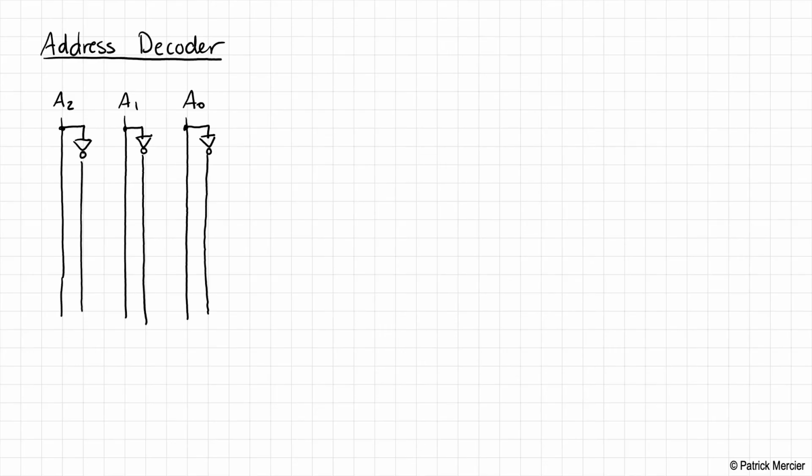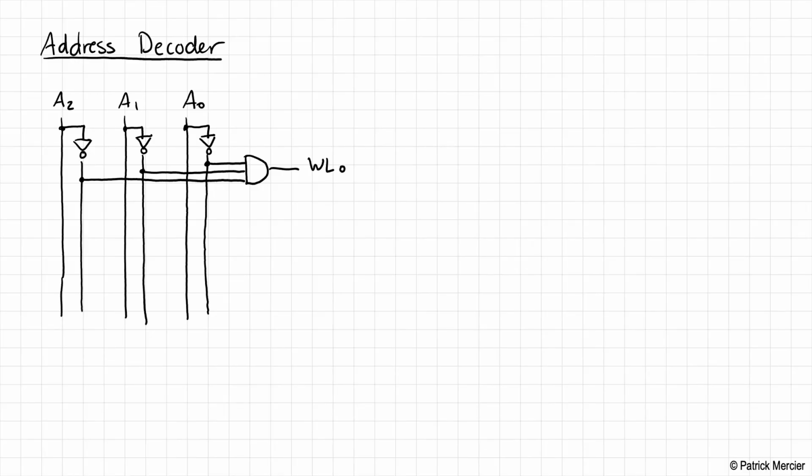And then what we do is we tap off these lines and pass them into an AND gate in order to do the selection. So let's say we're trying to select address 000. We'll take the output of A0 bar with A1 bar and A2 bar and AND the results together, and that is activating word line 0.